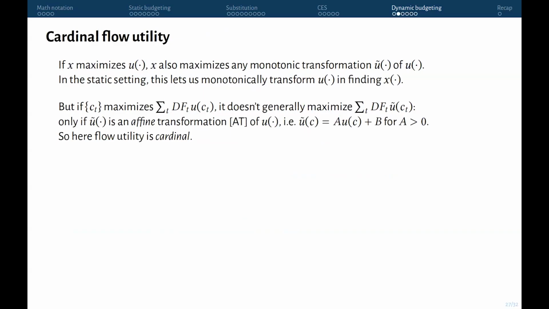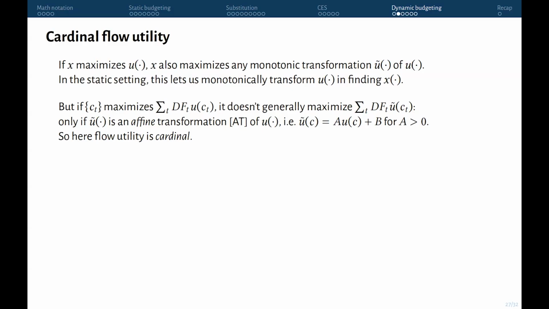Now, as we've seen, the reason why in many contexts we can take monotonic transformations of utility functions is that the bundle that maximizes your utility also maximizes any monotonic transformation of that utility function. But if a consumption path maximizes your sum over time of discounted flow utility, it doesn't generally maximize your sum over time of discounted monotonically transformed utility.